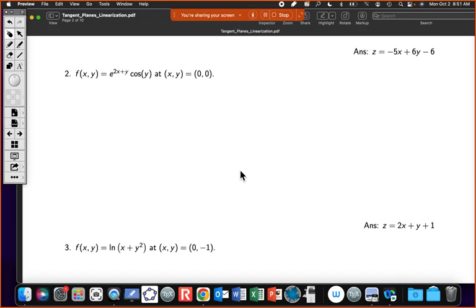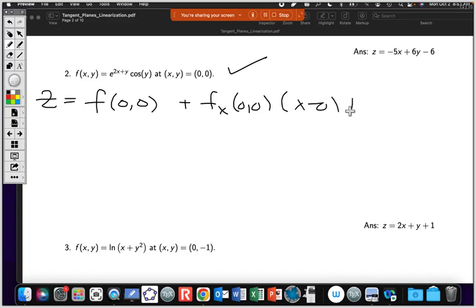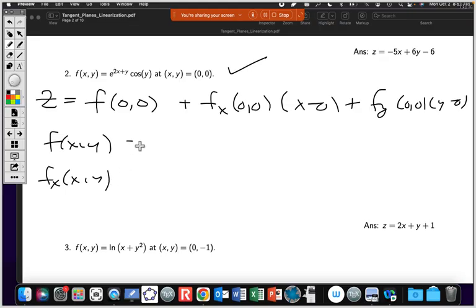I'll leave number 2 and 3 for you to do. So once again, I highly recommend when you write this out, you got your f of x, y, calculate your fx, your fy, and then calculate these numbers separately.